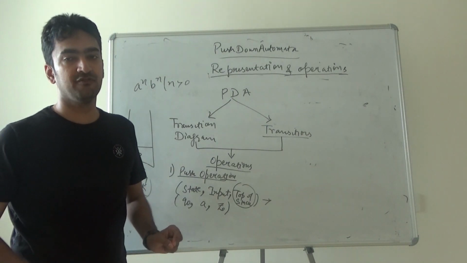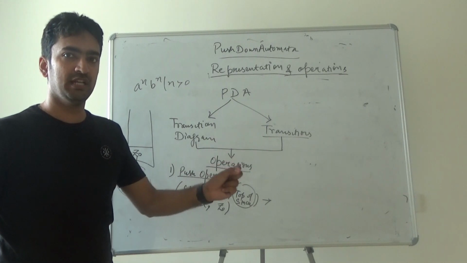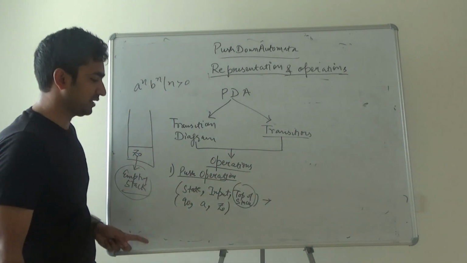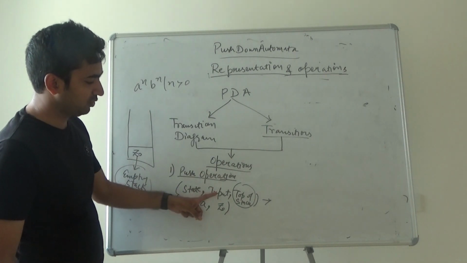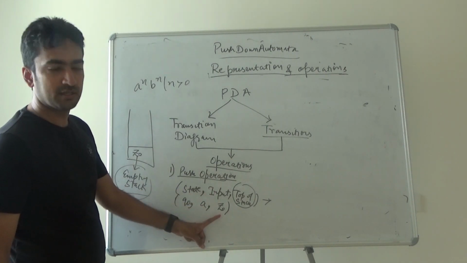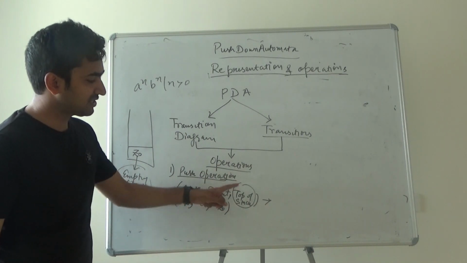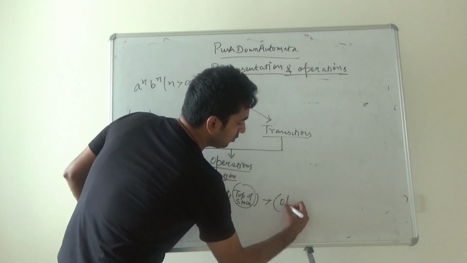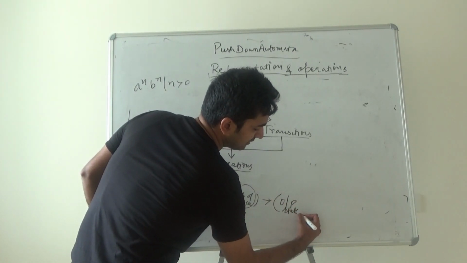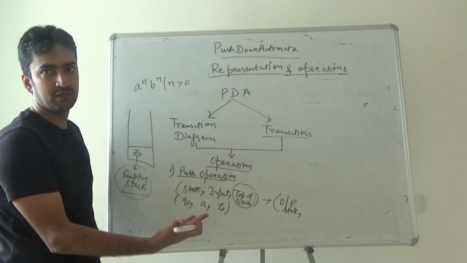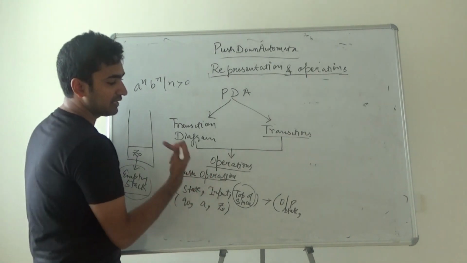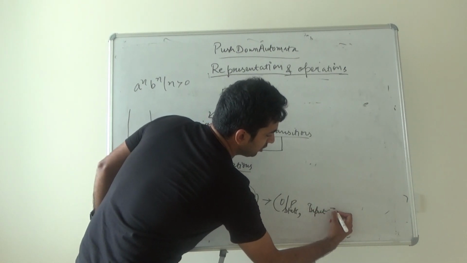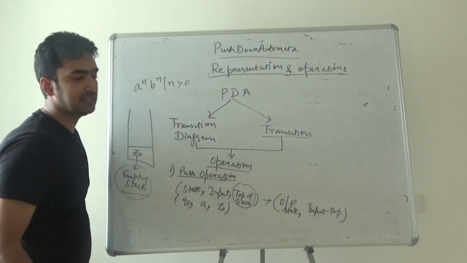Please understand it carefully because it will be used in upcoming videos as well when we create a pushdown automata. A state q0, input is a, and the top of the stack is Z0. It provides a particular output state. If the state is changed, the output state would also change, and the answer is input top.